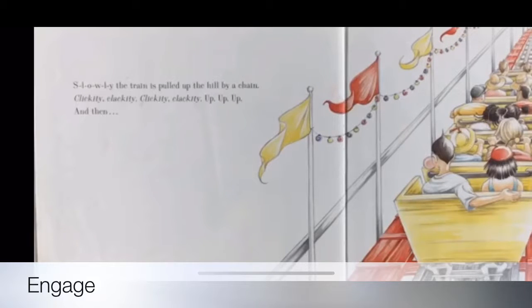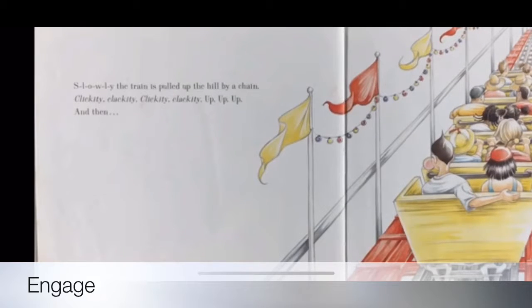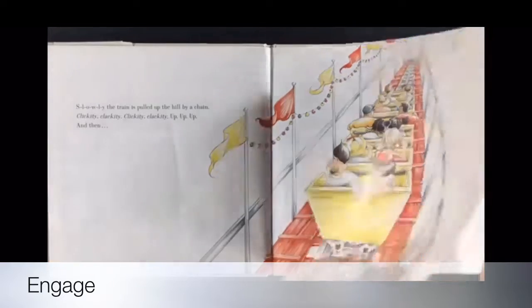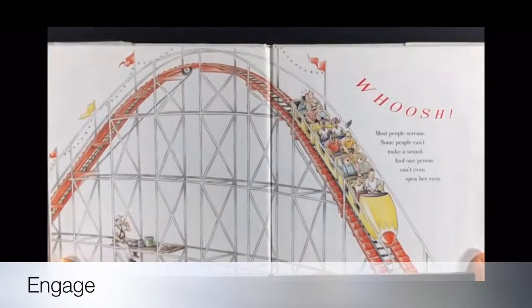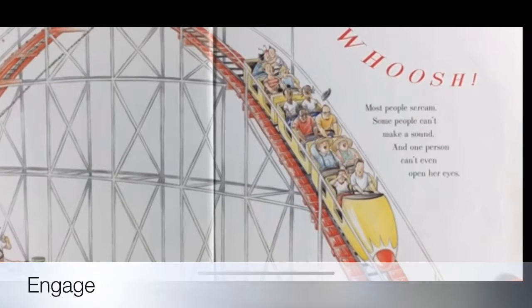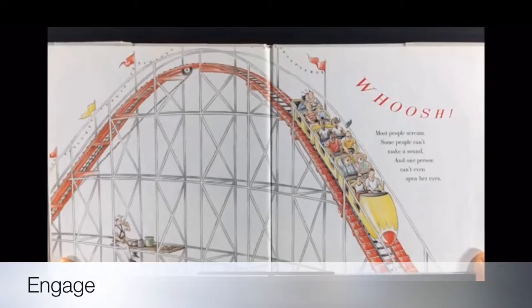Slowly, the train is pulled up the hill by a chain. Clickety, clackety, clickety, clackety, up, up, up, and then... whoosh! Most people scream. Some people can't make a sound, and one person can't even open her eyes.